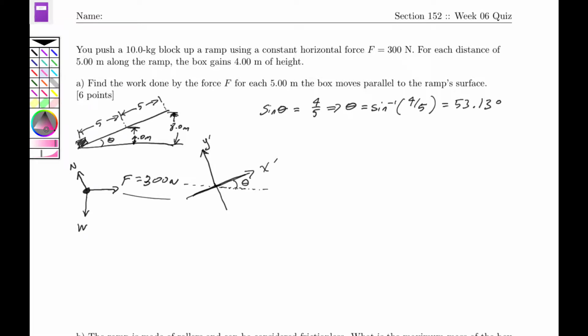So here's F, and I've got a component in this direction and a component in this direction.